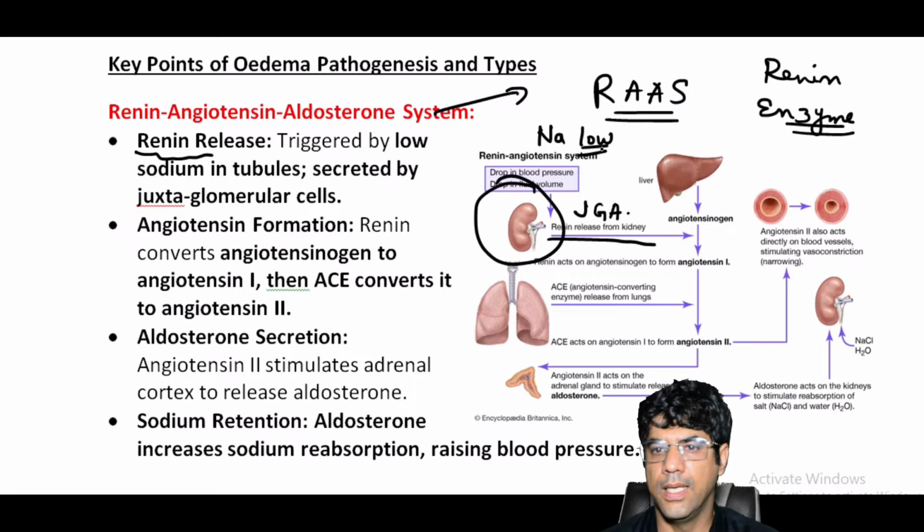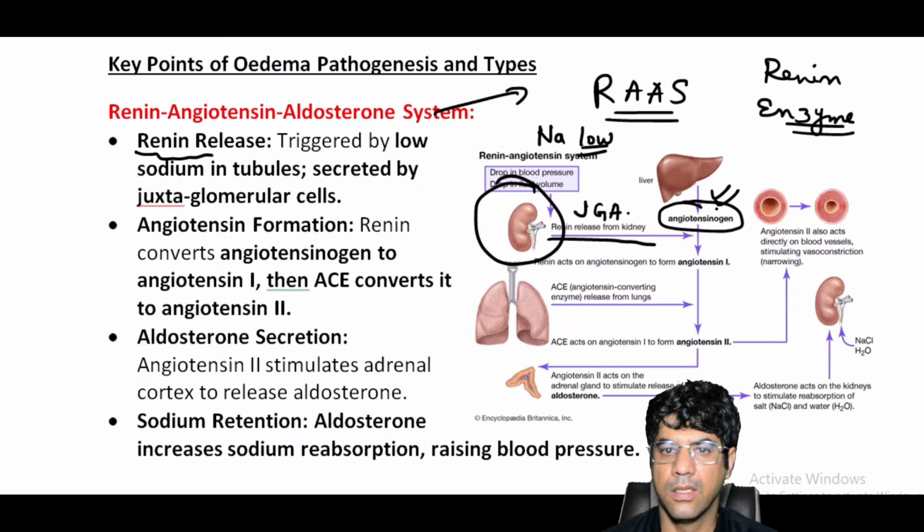Now renin acts on a protein in the blood known as angiotensinogen, and converts it into angiotensin 1, which is a small protein.